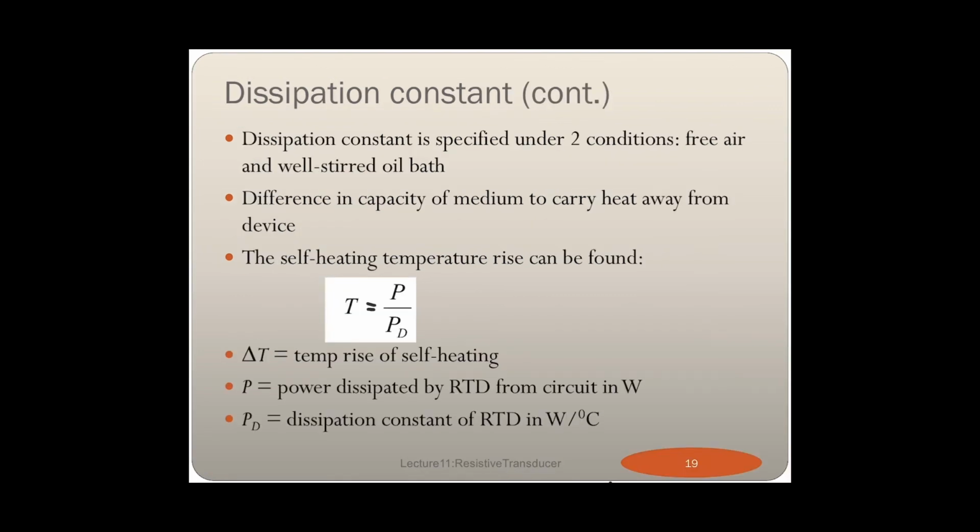To calculate how much the RTD has self-heated, we can use this equation, where P is our power losses in the RTD and PD is the dissipation constant of the RTD. This value can be found in the manufacturer specification.